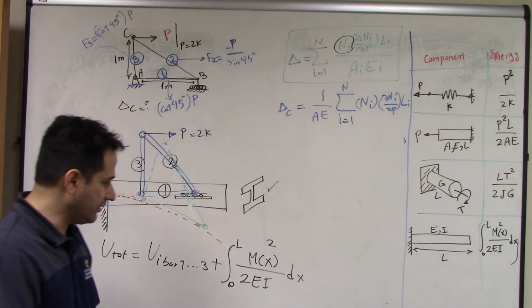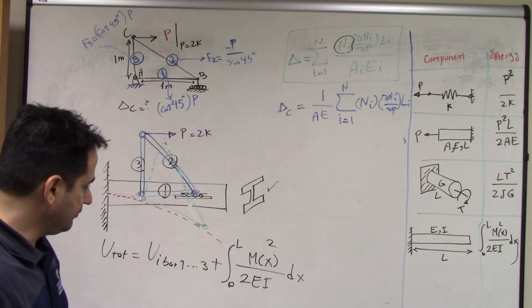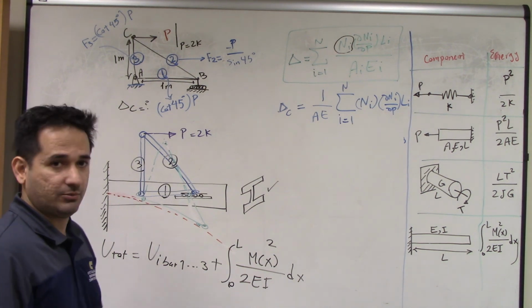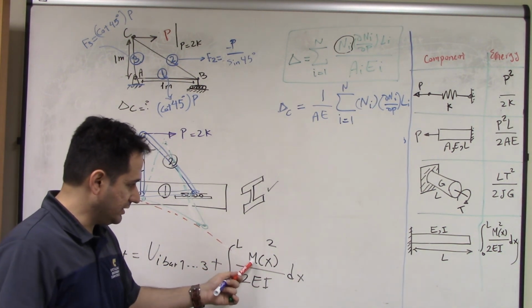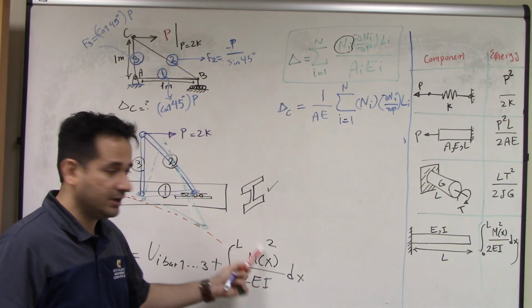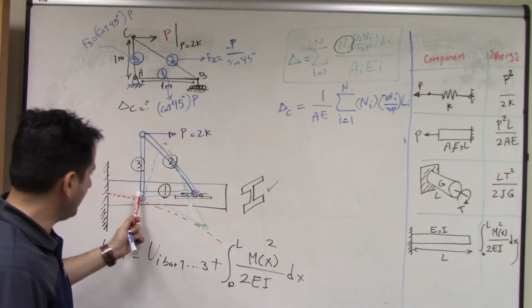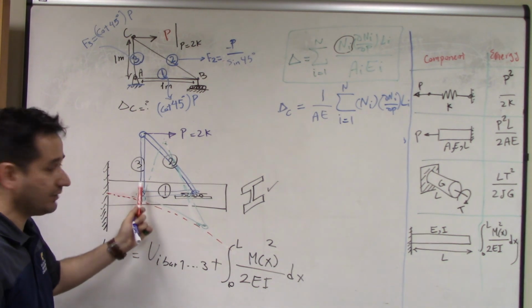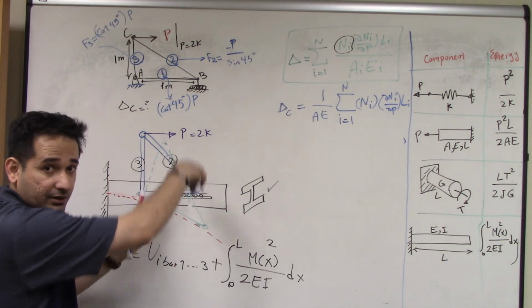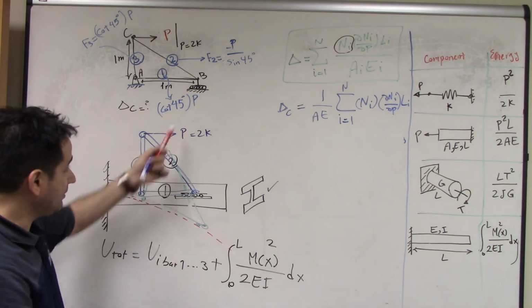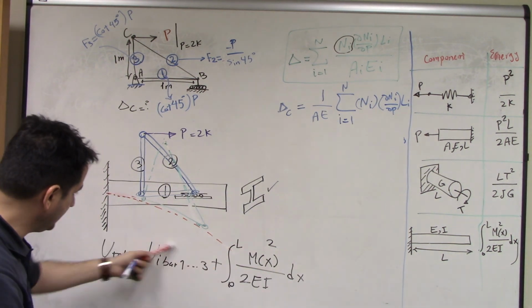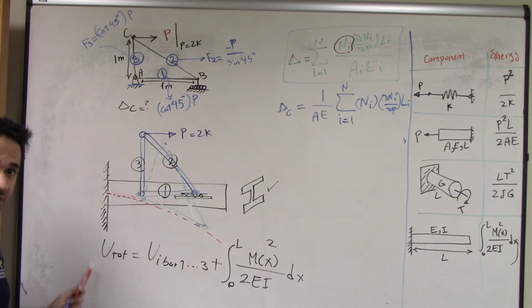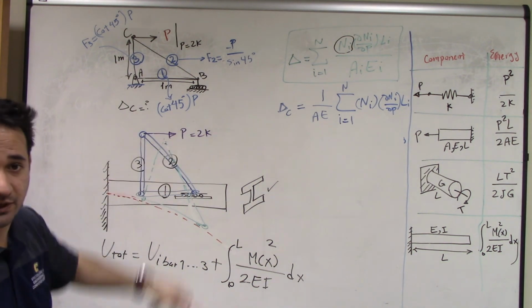It doesn't look right. Okay, this equation is complicated, but it's not. If you note this equation, the moment in the beam is also a function of whatever force we apply here. And that is also a function of P. So this is a function of P, this is a function of P, so we can take the derivative of this with respect to P to find the deflection there.